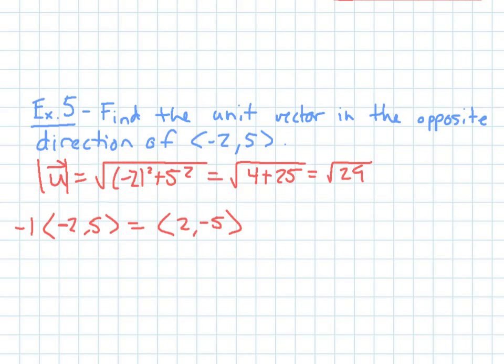Now I would just do the same thing I did in example 4 with my adjusted vector and my magnitude. So my unit vector for u should be 2 divided by square root of 29, comma, negative 5 divided by square root of 29.